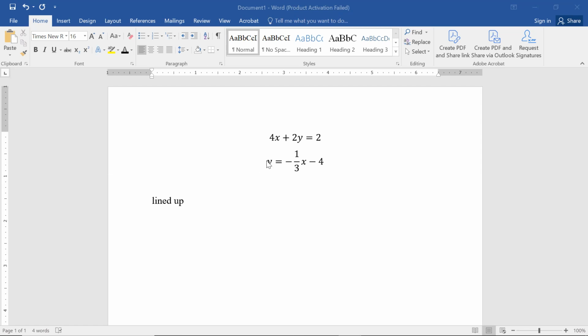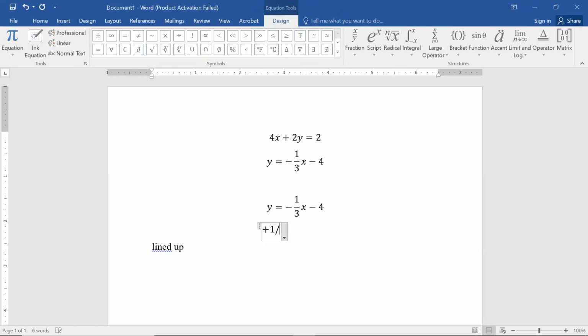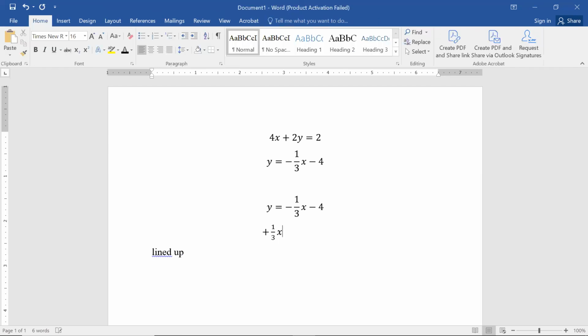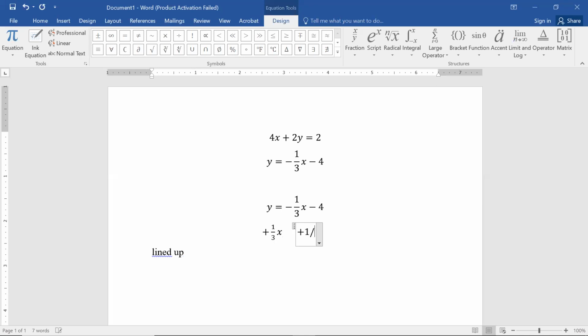I think I'm going to make the second equation match with the first in terms of the order of the terms. So I take my second equation and I'm going to add 1/3 x to both the left and the right-hand side. So I get rid of my x term on the right-hand side, and I end up with an x term on the left-hand side.